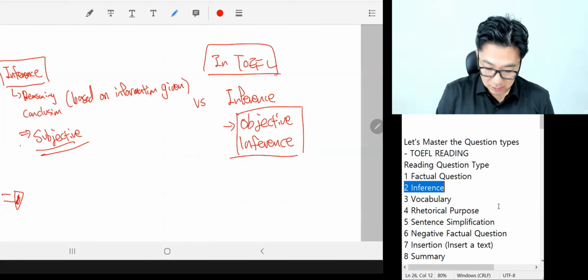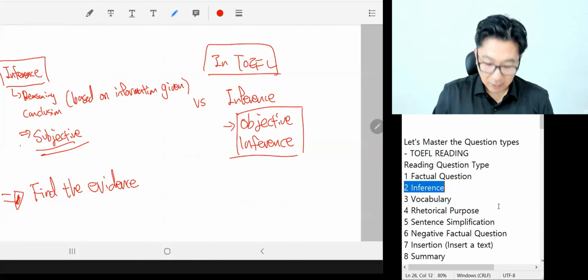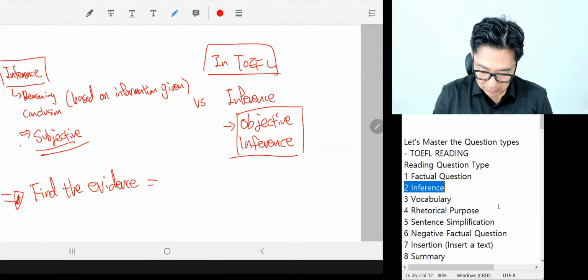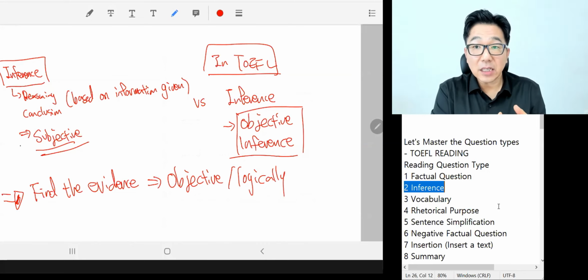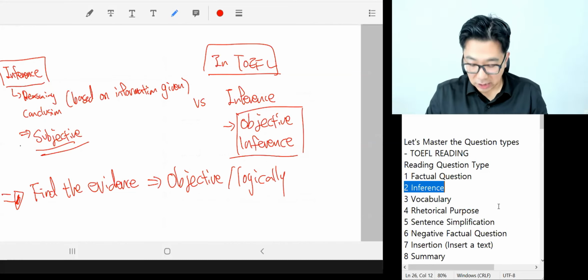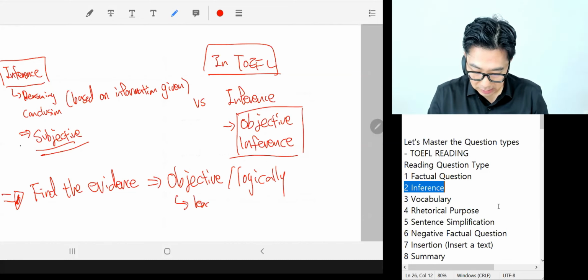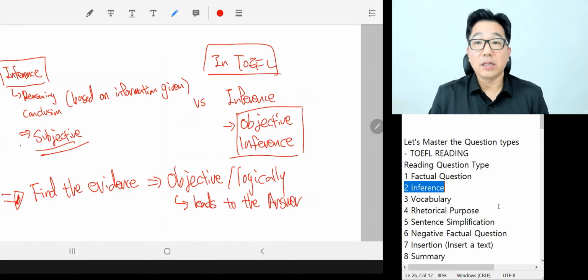We must find the evidence, okay, we need to find some evidence in the passage that objectively and logically leads to the correct answer in our answer choice.